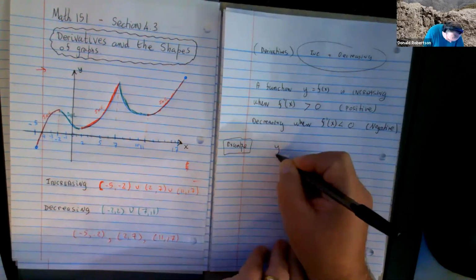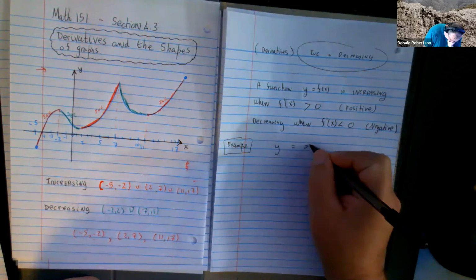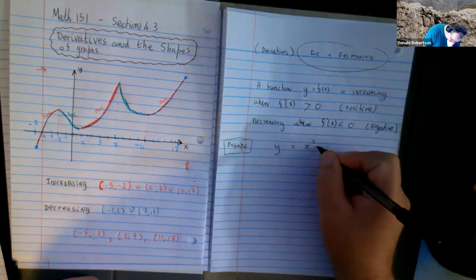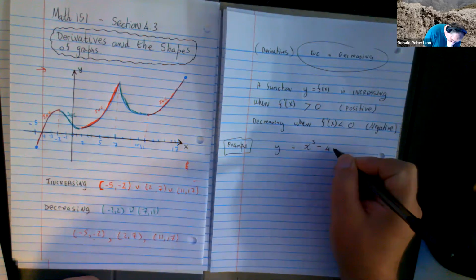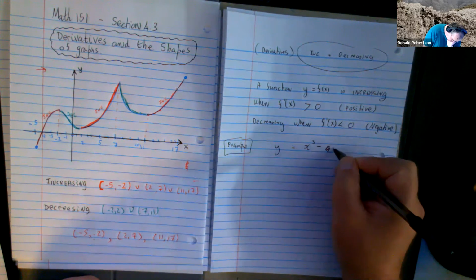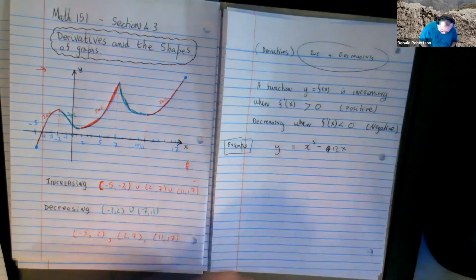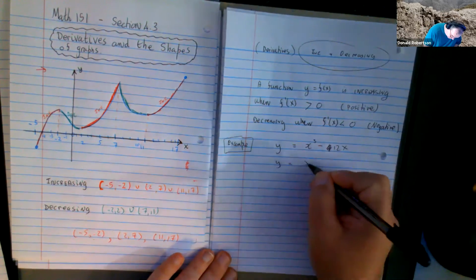Suppose I had the function x cubed, take away, I want 4. Yeah, that's easy to work with. So what if I had the function x cubed minus 12x. I'll just write it again because it looks ugly.